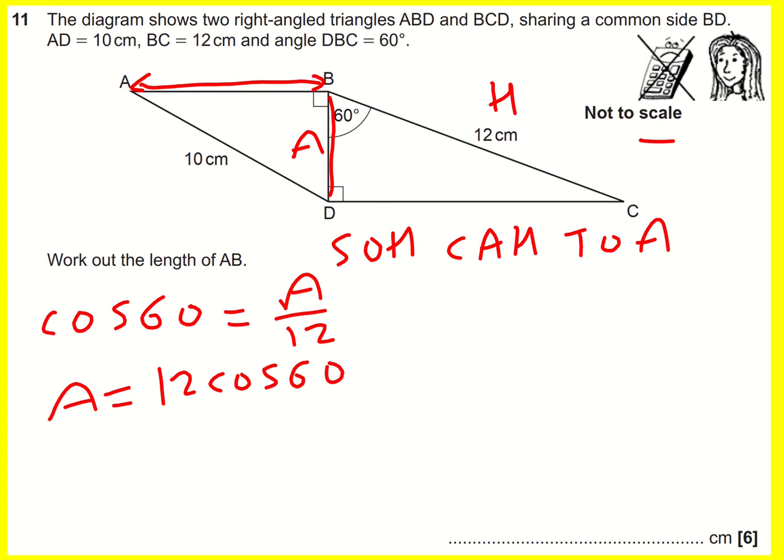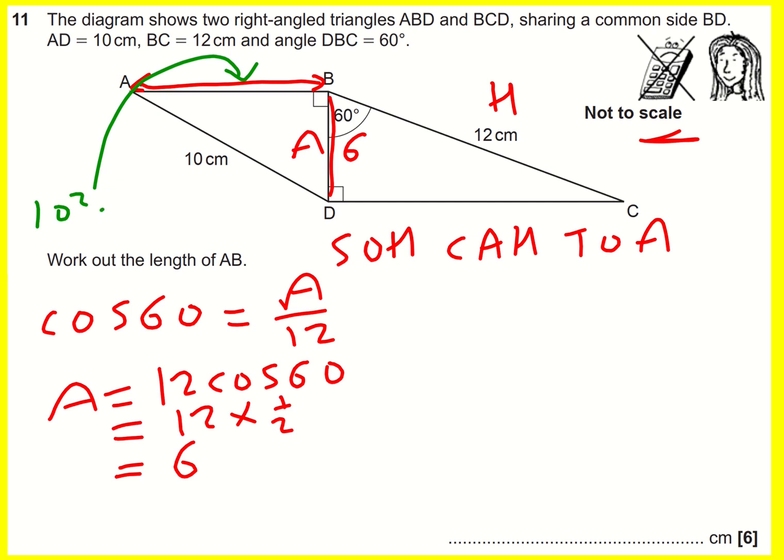Okay, non-calculator, you need to know your value of cos 60. And actually, it's a half. So it's 12 times a half, which is 6. Things will work out really nicely now because to work out this one here, I can use Pythagoras.